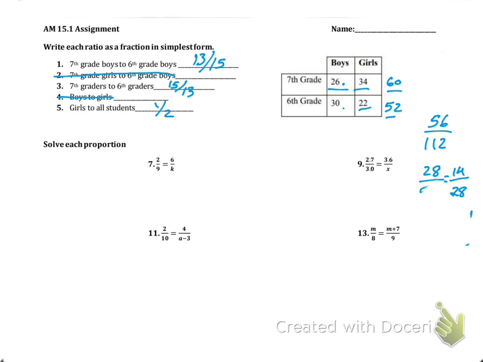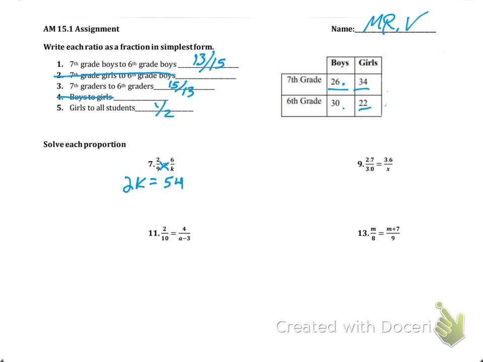All right, when we solve proportions, we've done this earlier in the year. If you have an equal sign, all you need to do is cross multiply. So 2 times k and 9 times 6. 2k is going to be equal to 54.